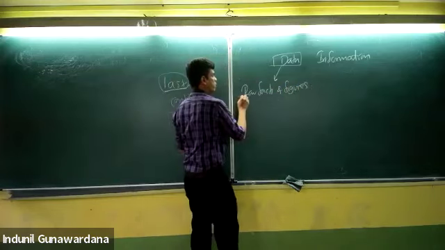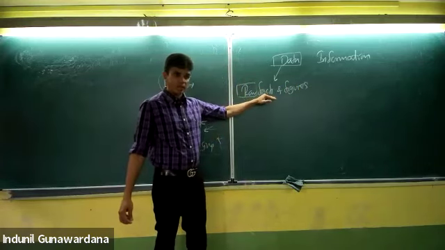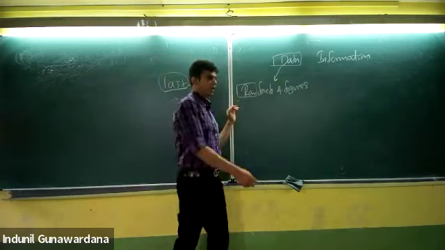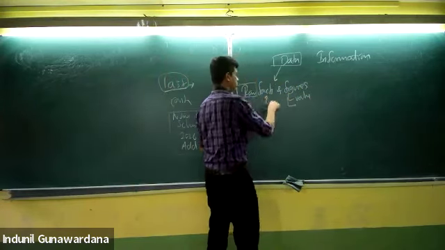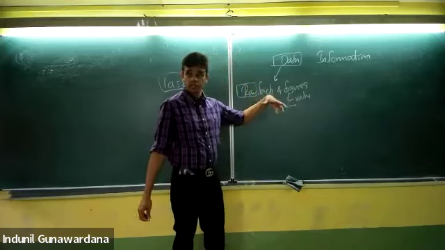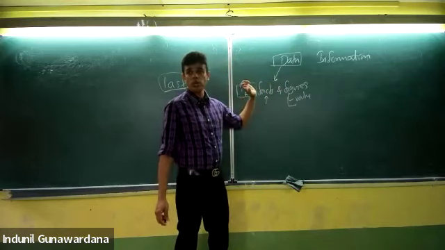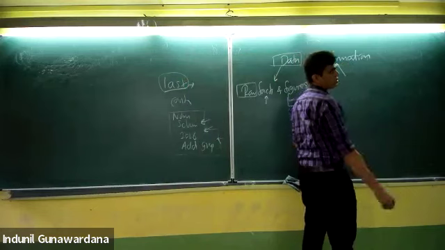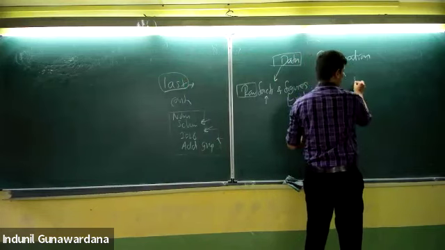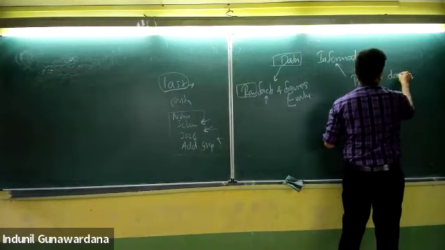The important word there is raw. So data are facts or figures. Figures are just values. They are just facts, just some content which is not processed, called data. And information is defined as processed data.